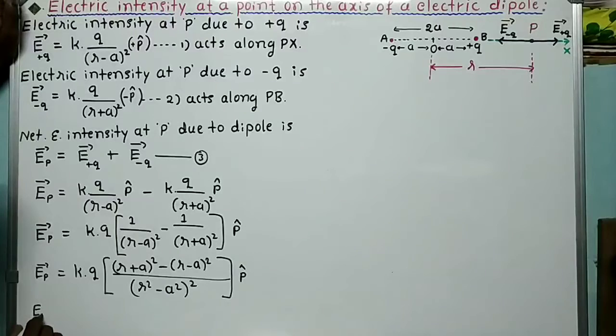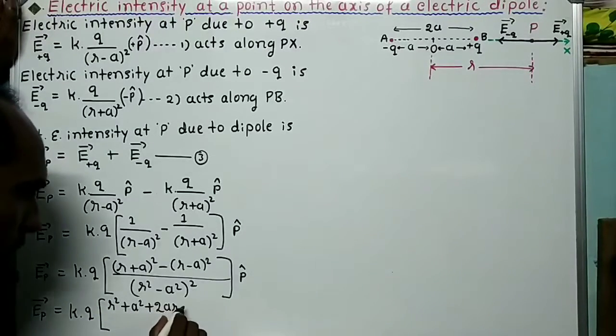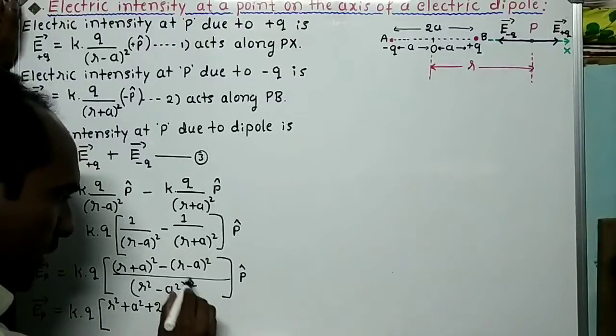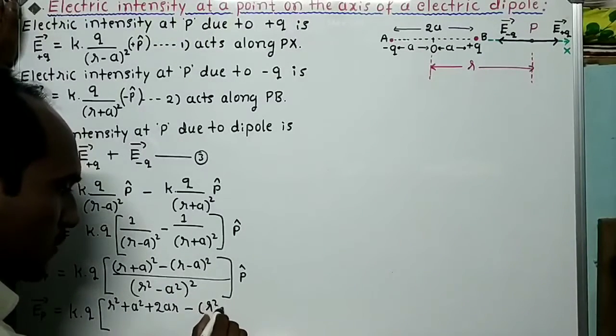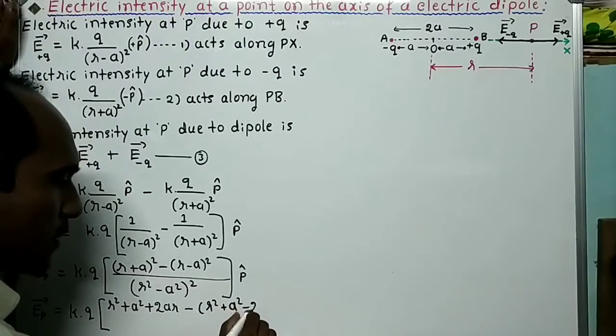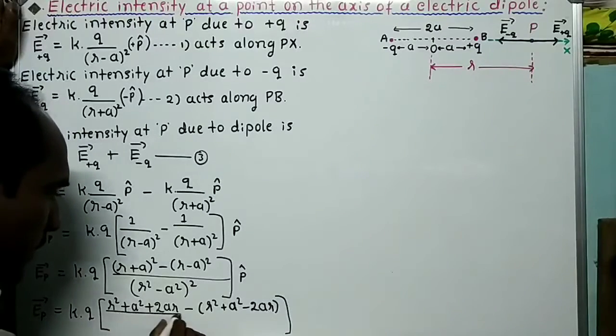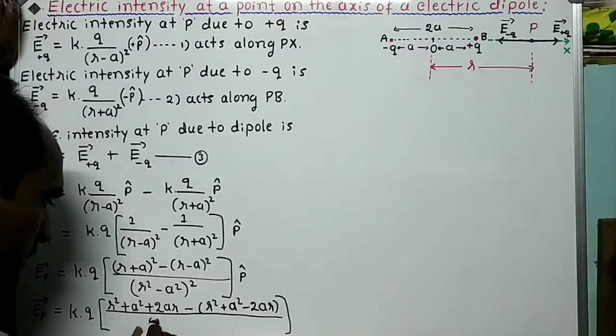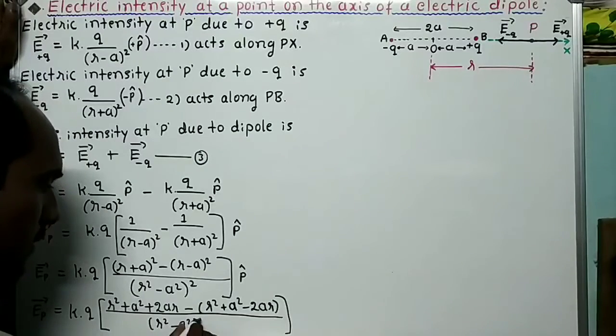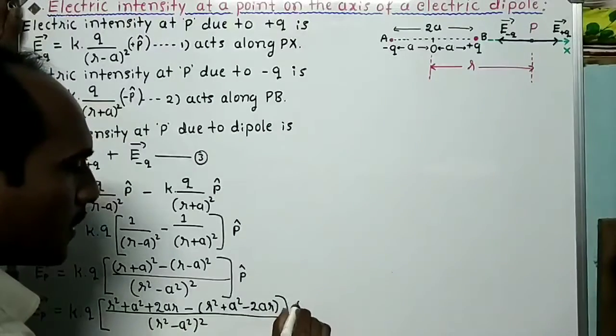Now expanding, (R plus A) whole square is R square plus A square plus 2AR, minus the bracket (R minus A) whole square, R square plus A square minus 2AR, whole divided by (R square minus A square) whole square into P cap.